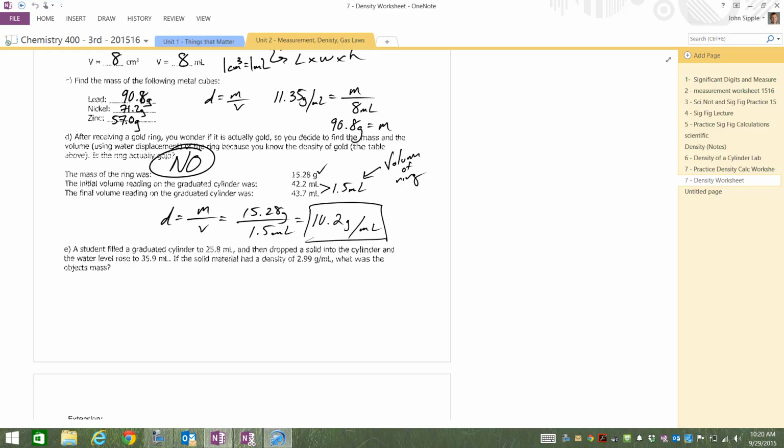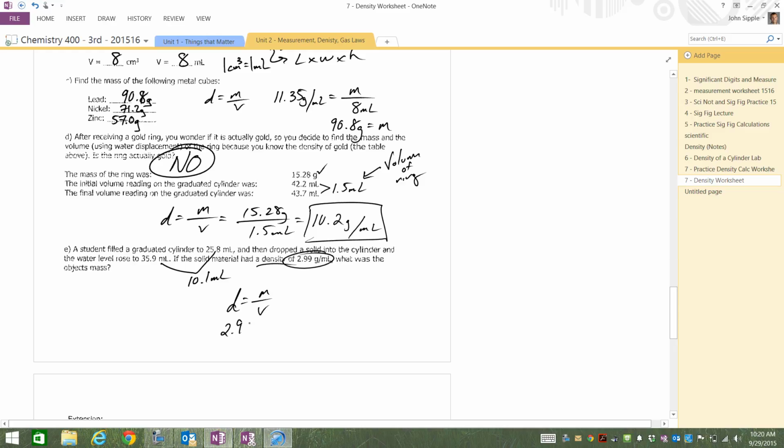All right. Okay, so E is the same thing, except you're looking for mass. They give you the density of the object. They tell you what the water displacement is, so the volume of the object, and you just solve for mass there. Our difference between those is, what is that, 10.1. That's the volume of the object. We got the density of it right there. So D equals M over V. Plug it in.